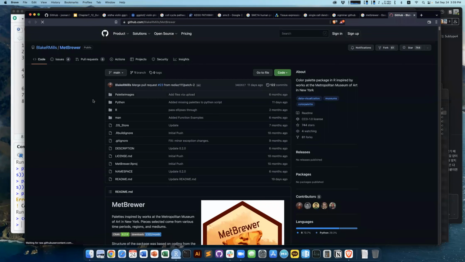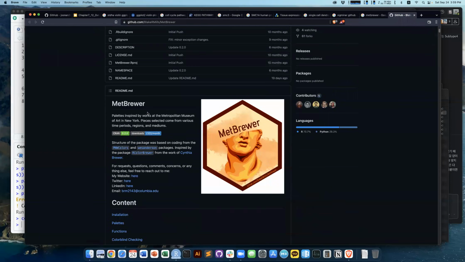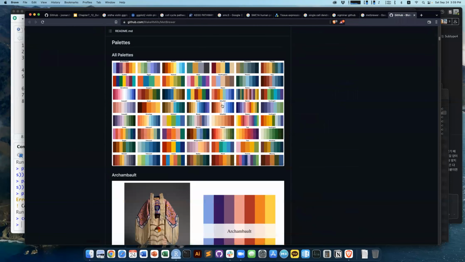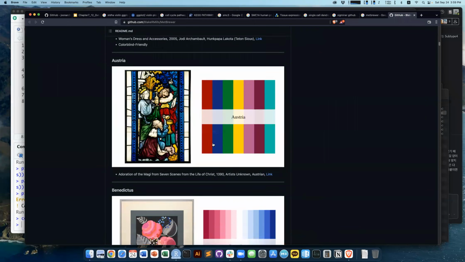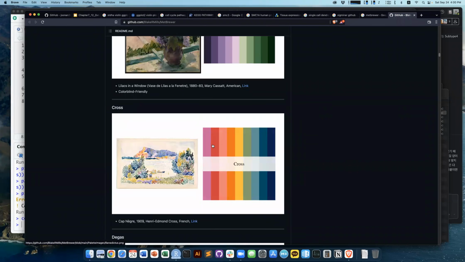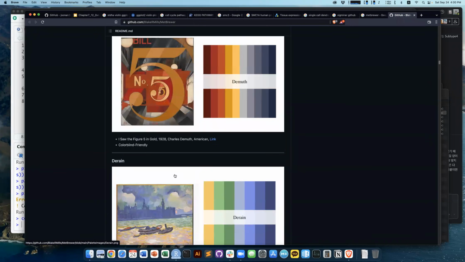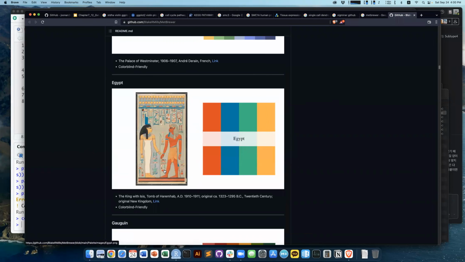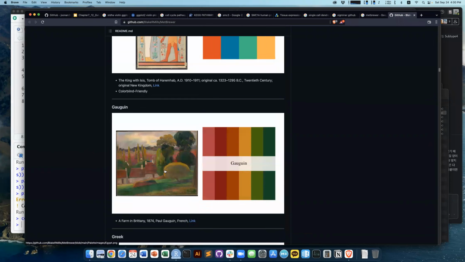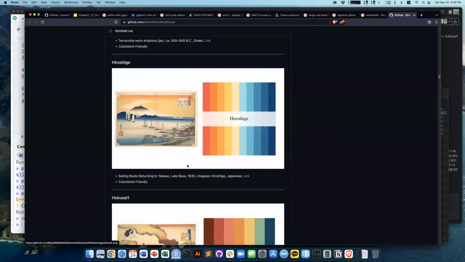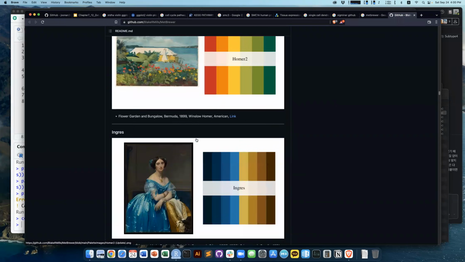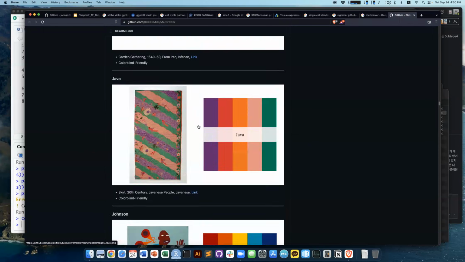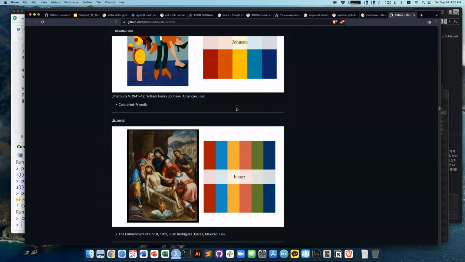So I used the map brewer package. It is beautiful, right? Because they have color schemes like Archambault, Austria colors, right? Many different color schemes. So if I want to choose my colors, I choose one of these things, right? So there are so many nice color scales in these packages.